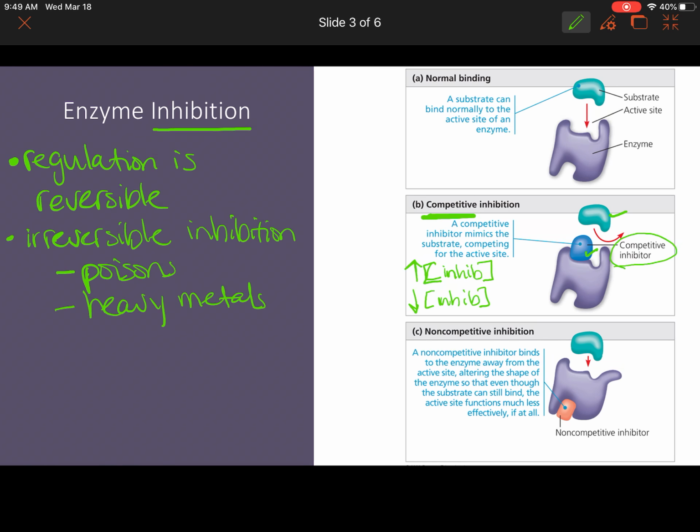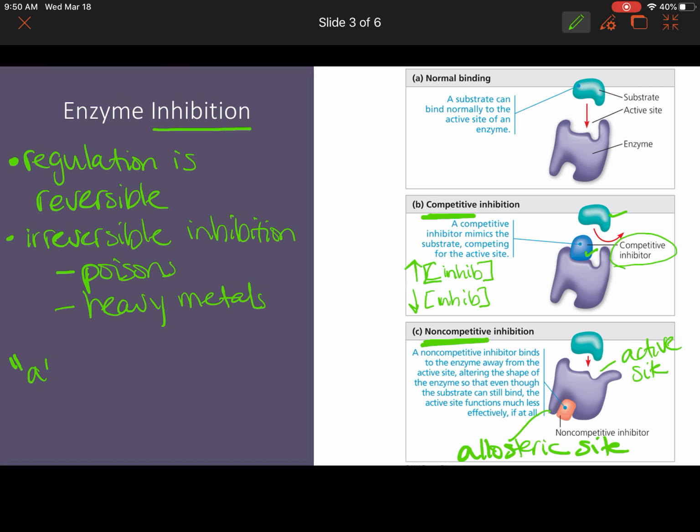All right, so competitive inhibition is one possibility, and it's sort of the simplest, least robust form of enzyme inhibition. Another form is non-competitive inhibition. For non-competitive inhibition, we've got the active site, but then we have what's called an allosteric site.